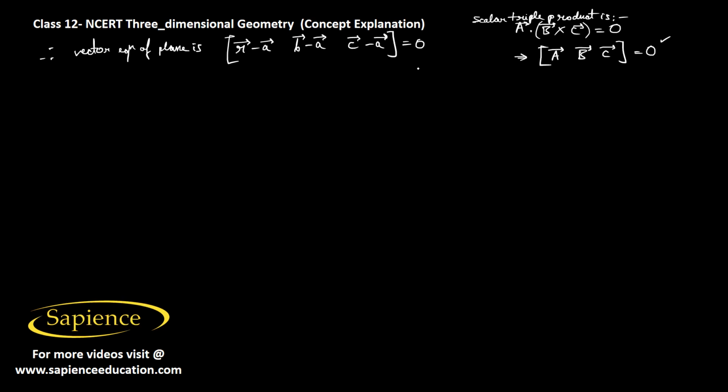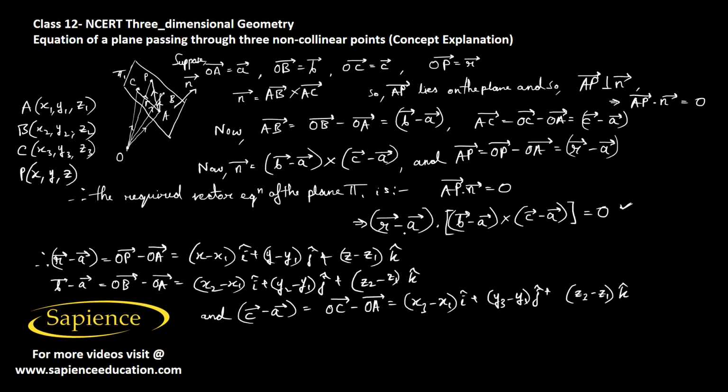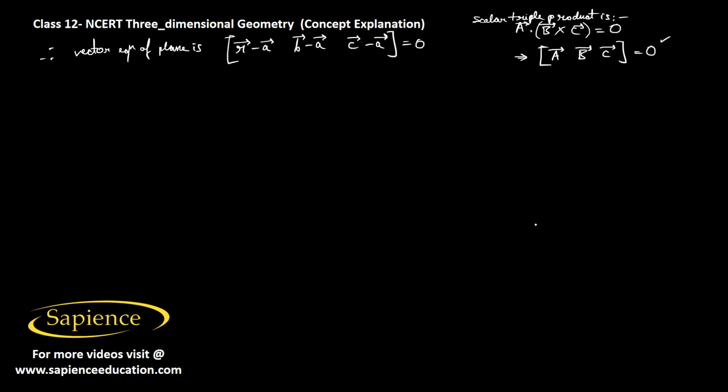Here also it is written in this form only, a vector dot b cross c equal to 0, so we can write it in the box product form. It is called scalar triple product, or box product, of the three vectors.